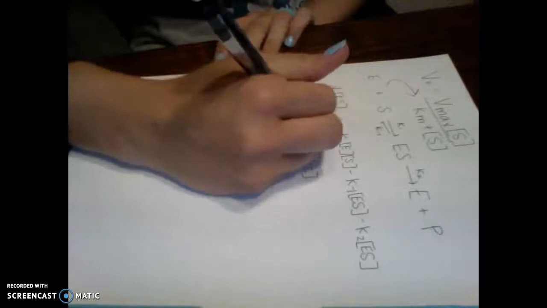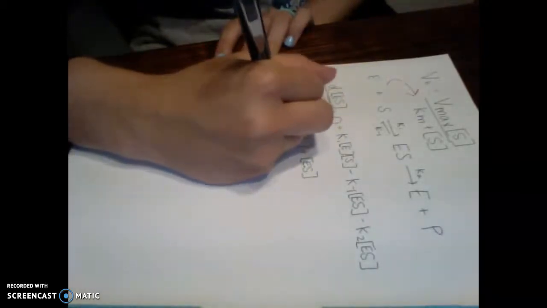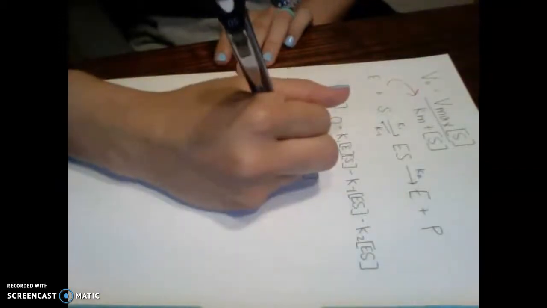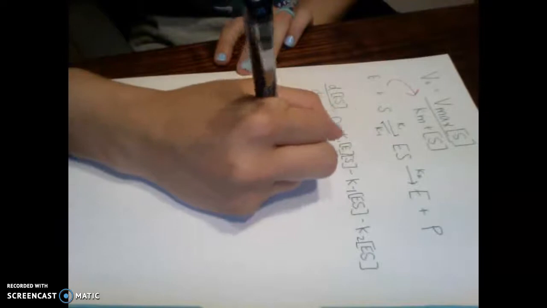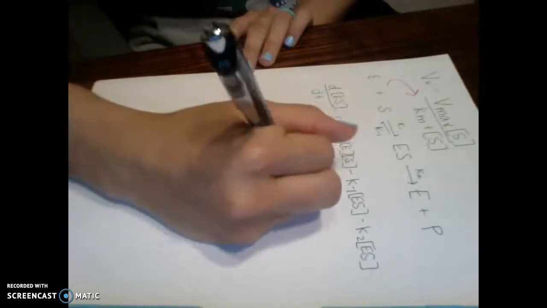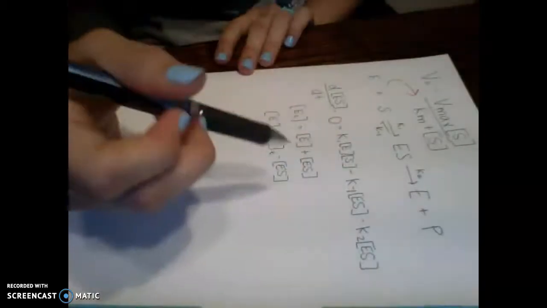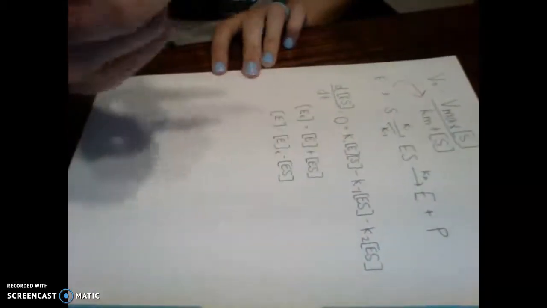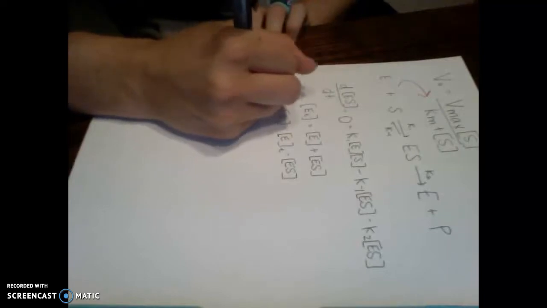So we can then further derive our E to be E sub T minus the enzyme-substrate complex concentration. Okay, now let's go ahead and plug this in.